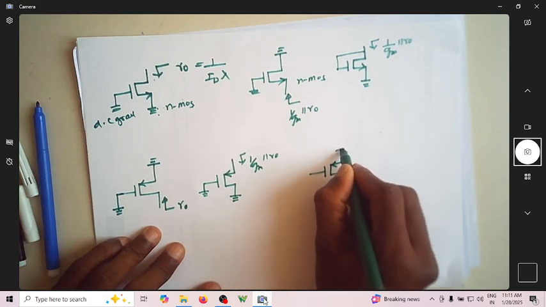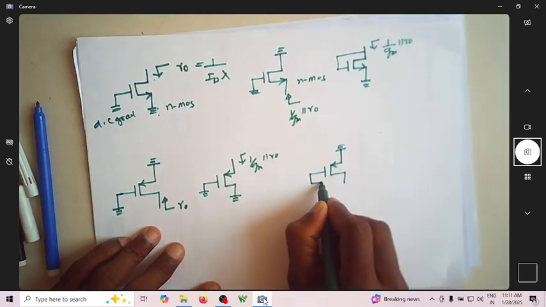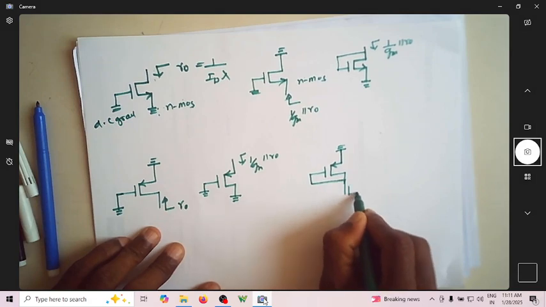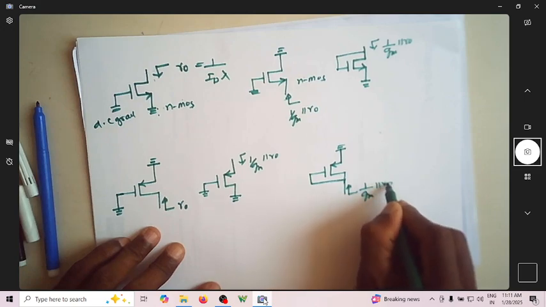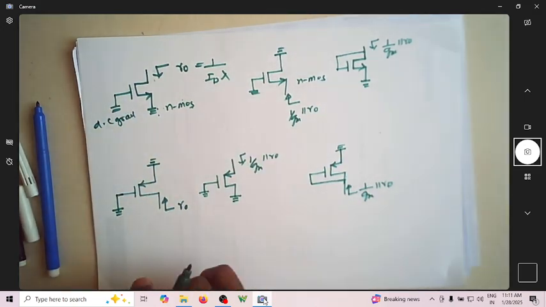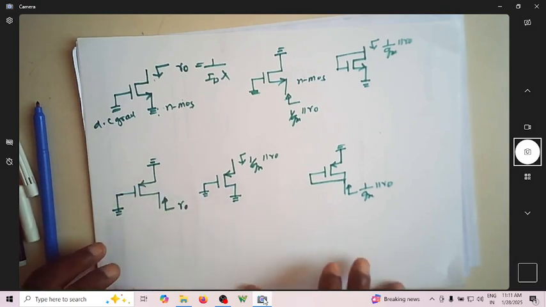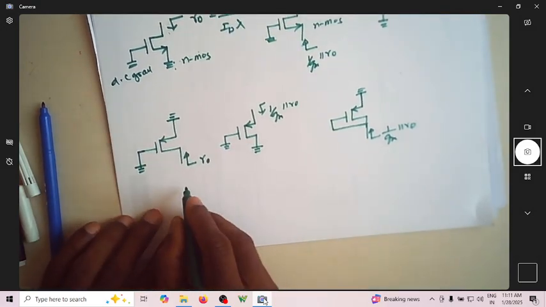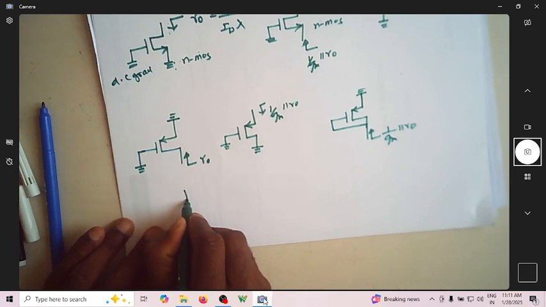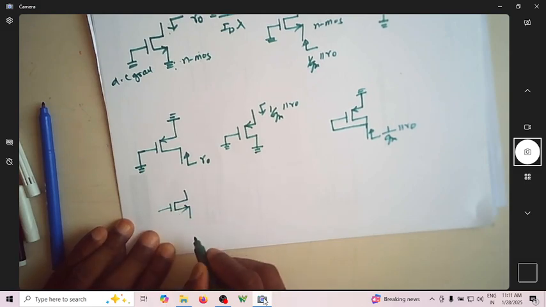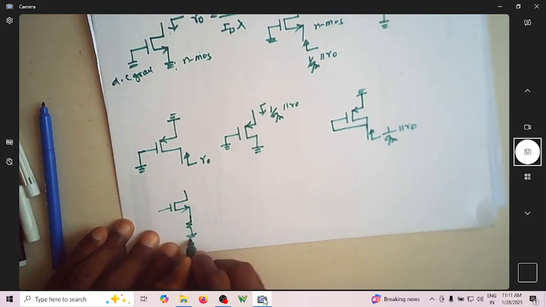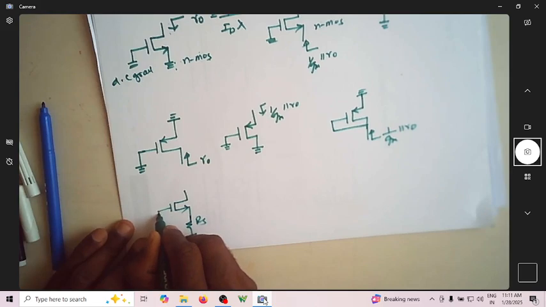The source is AC grounded, I short gate and drain, and I look into the drain. It is 1 over GM parallel with R naught. These are different combinations. Other combinations would be, you consider an NMOS transistor connected with some RS to AC ground.